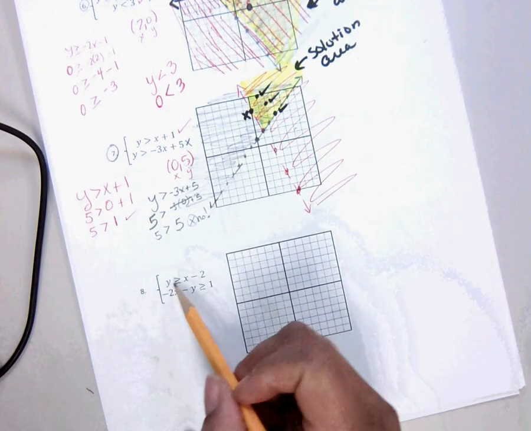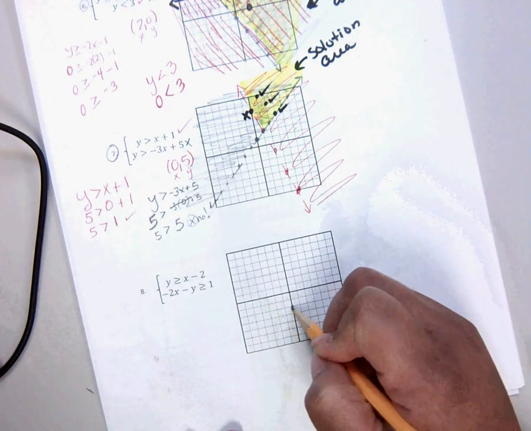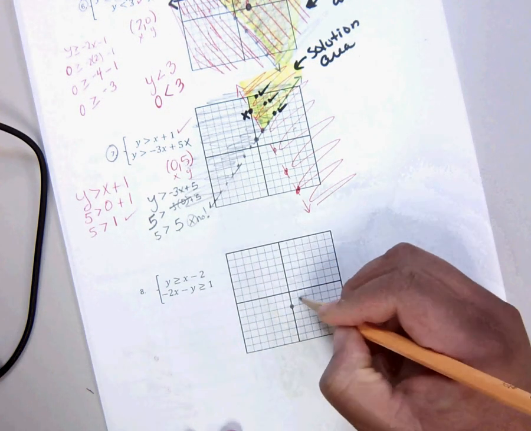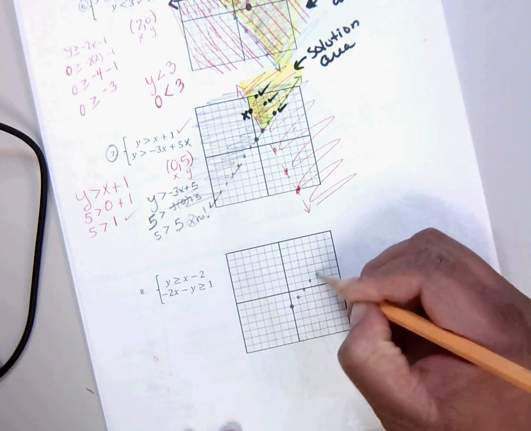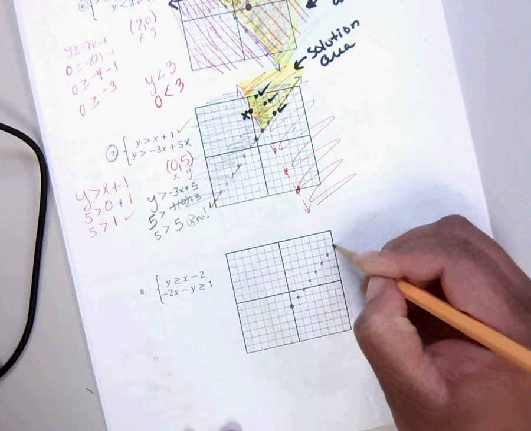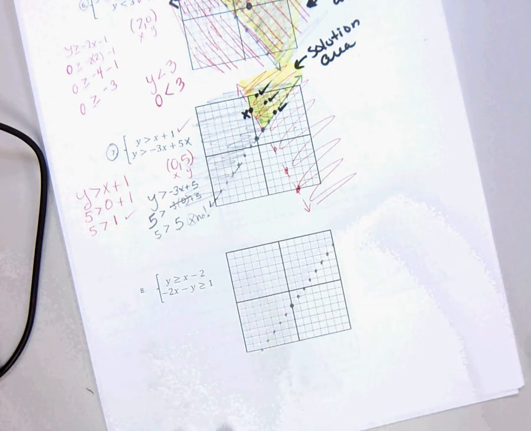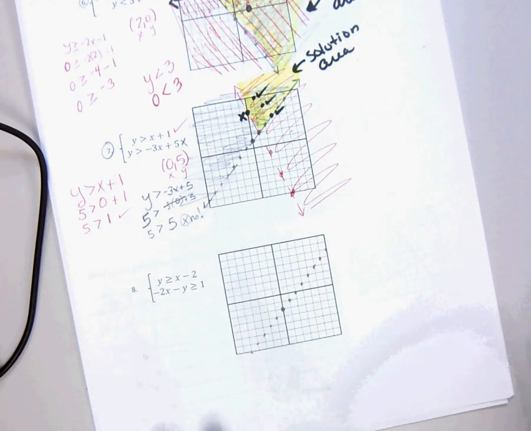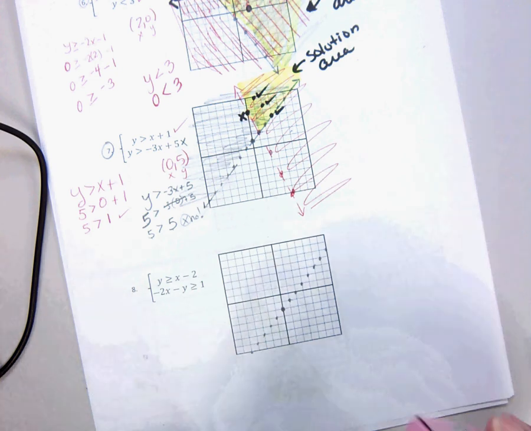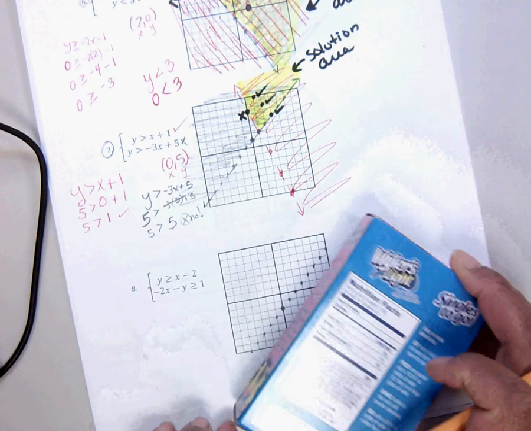Awesome. Number 8. We can graph the top, so negative 2. We can go up 1 over 1. Do the opposite for the other way. If you need me to pause, just say pause.